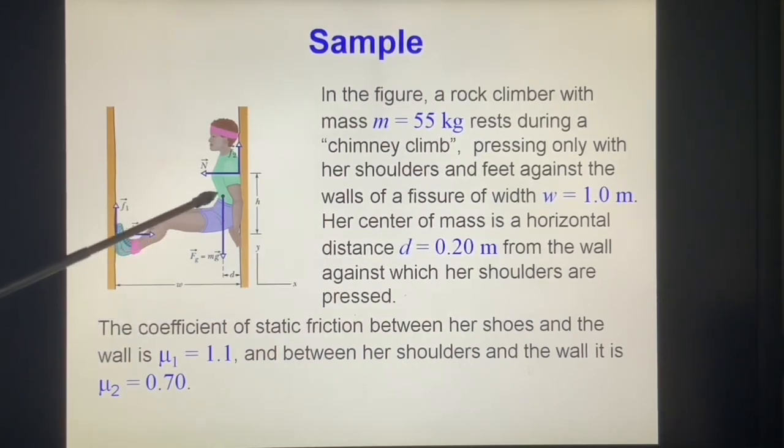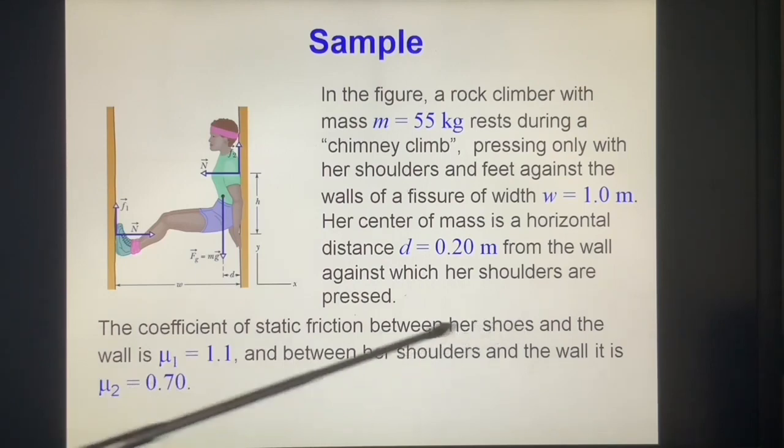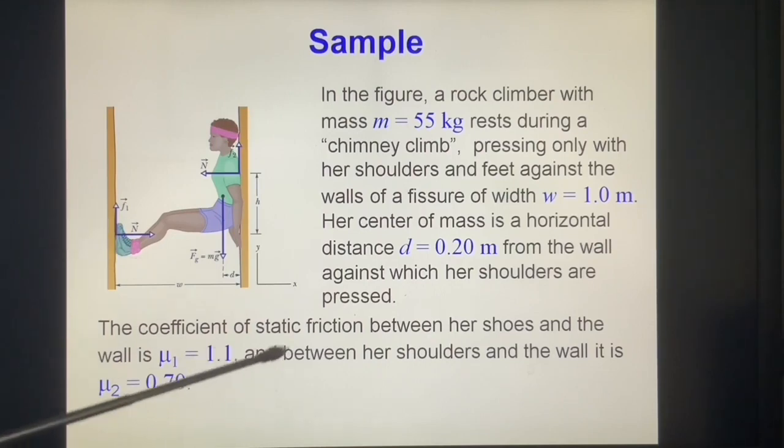Her center of mass is a horizontal distance D, 0.20 meter, from the wall against which her shoulder is pressed. The coefficient of static friction between her shoes and the wall is 1.1, and between her shoulder and the wall is 0.70. It's different.